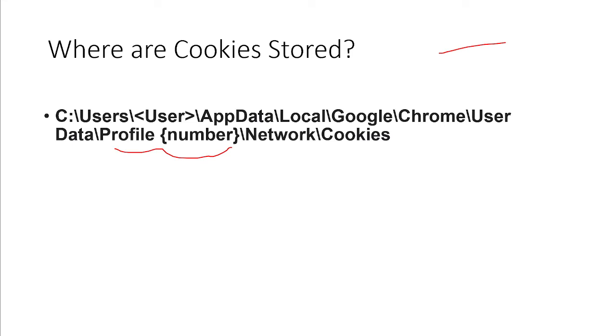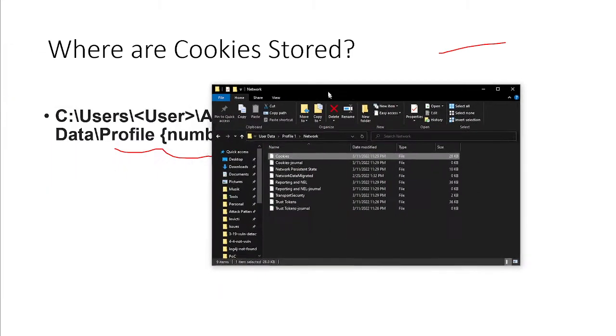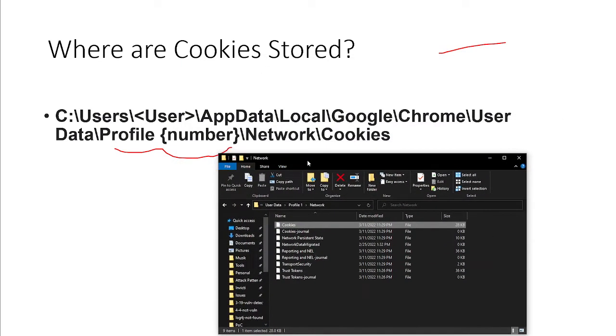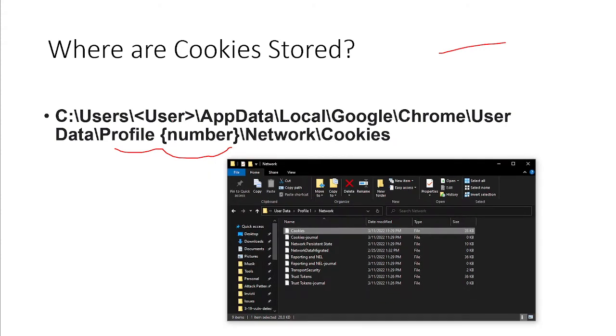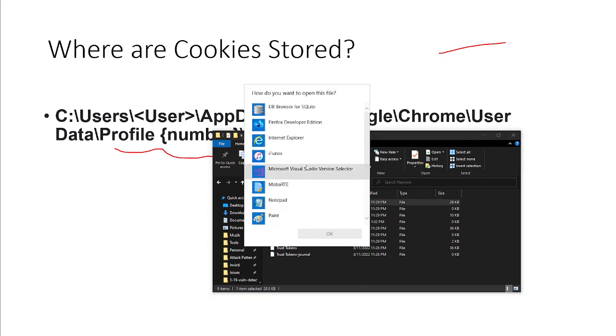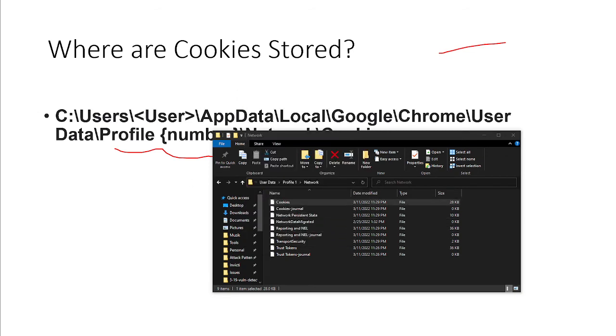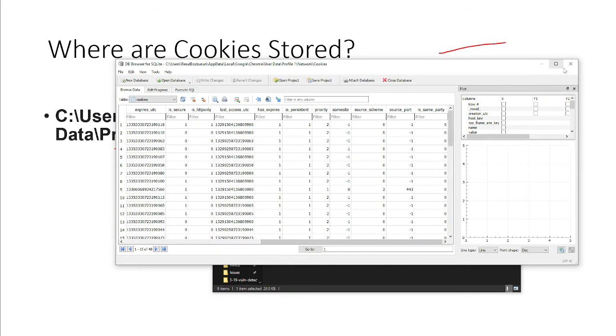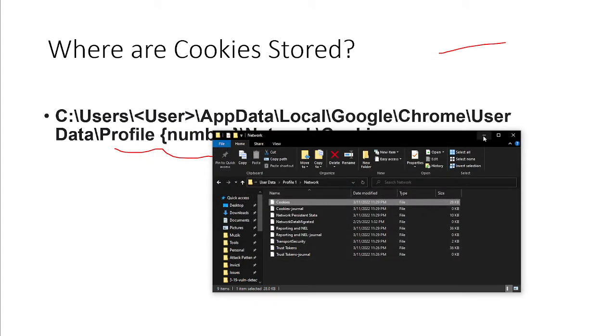Also, I want to show my cookie file. I go to this location, and I'm gonna open this file. This is an SQLite file, by the way. To see the content of this file, you can use DB Browser for SQLite. I opened it, and there are creation, host key, top frame site key, name, value, expiration date, etc. There is different information about my cookies.